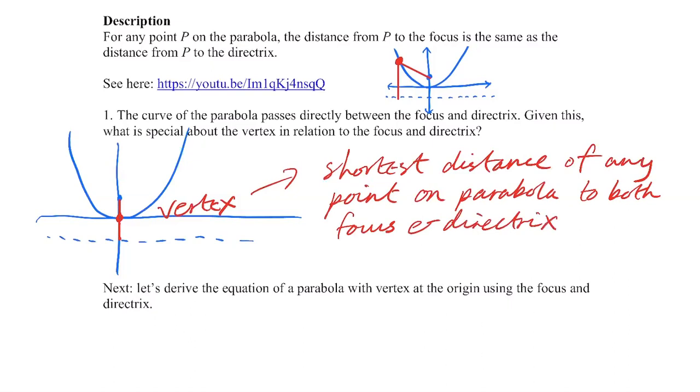And in fact, this distance is so significant that we label it. We call the distance p. So we have a length of p from here to here, and we have a length of p from here to here.